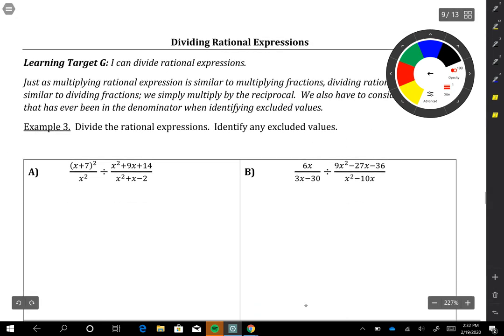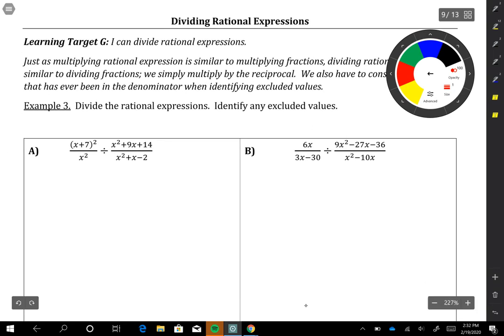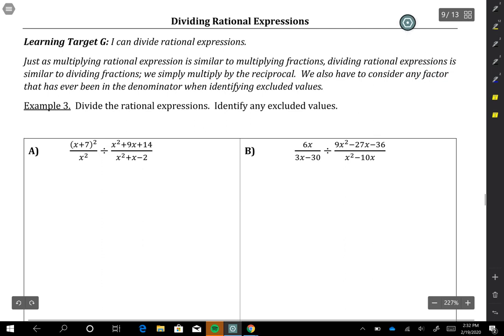So here we go. Just as multiplying rational expressions is similar to multiplying fractions, dividing rational expressions is similar to dividing fractions. We simply multiply by the reciprocal. So basically, guys, we're multiplying rational expressions again, so we're going to do exactly what we did.